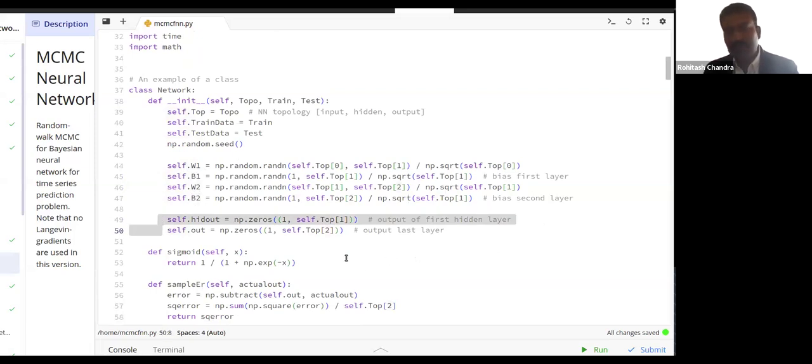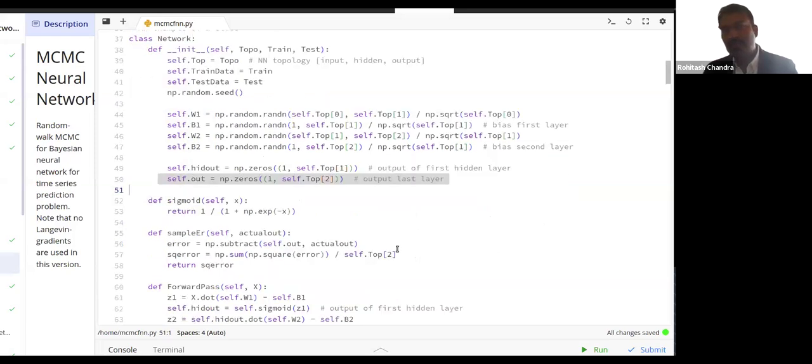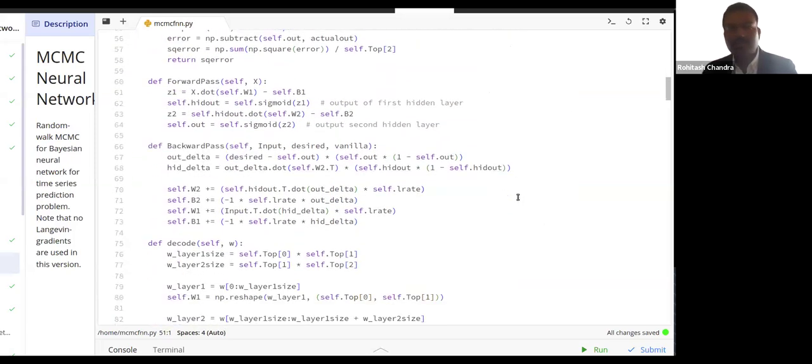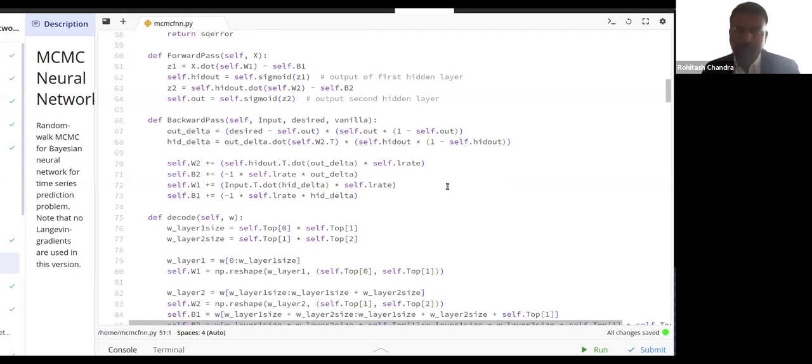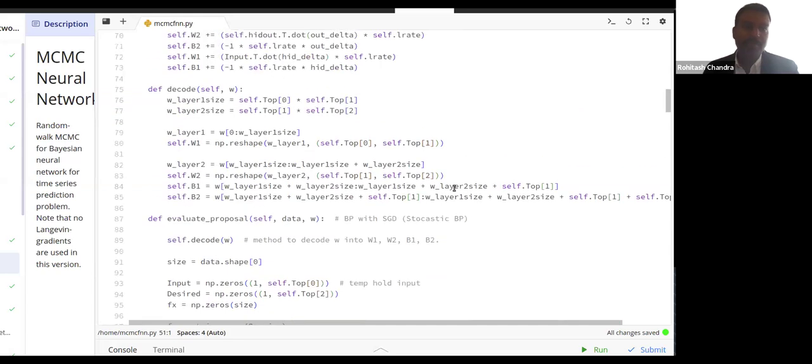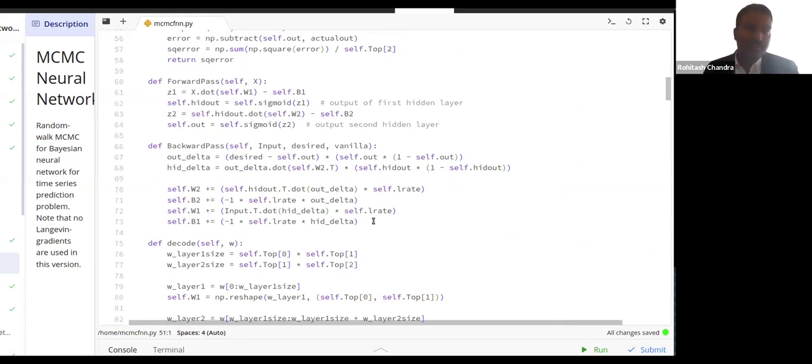A vector saves the predictions of the hidden and the predictions of the output. And there is a sigmoid function, error function, and squared error loss. This code is basically implementing backpropagation, and it is built on the backpropagation neural network code, so it also has the backward pass code in there.